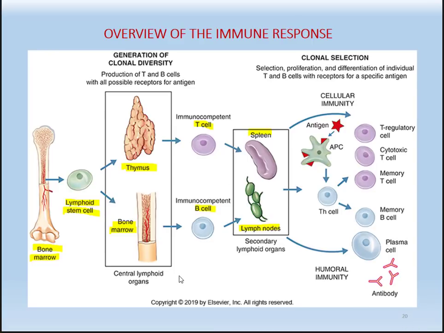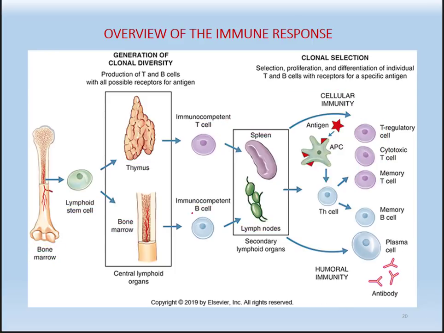When T cells are activated by some sort of antigen, they're going to produce these subpopulations of T cells, which you can see here. And this is why it's called cellular immunity, because of the production of these subpopulations of T cells in response to the presentation of an antigen within the body.